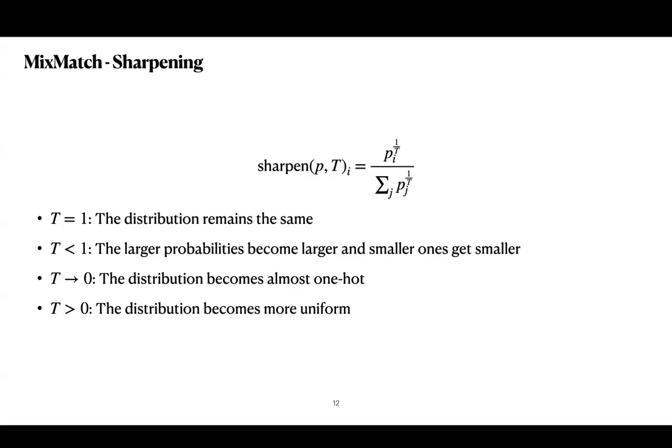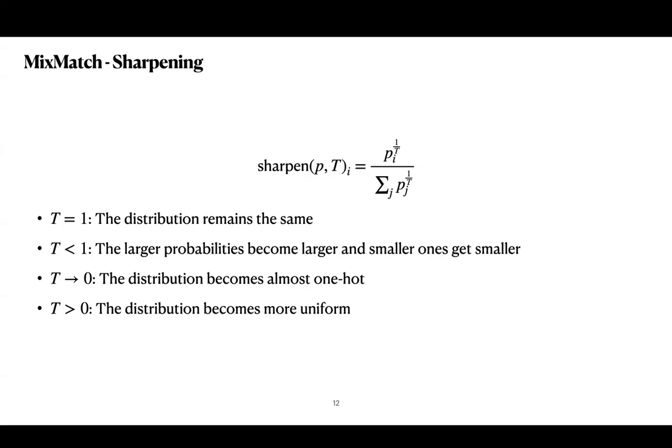It means the true class becomes the most significant and the other lower ones approach 0. And with T greater than 1, the distribution becomes more uniform. So based on this, and also the goal that the MixMatch algorithm has, which one do you think is the proper option to use?